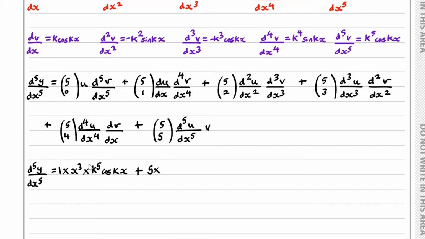And then we have du over dx, which is 3x squared. And then we multiply this by the fourth derivative of v, that's k to the 4 sine kx. Next we have 5 choose 2, which is 10, multiplied by d squared u over dx squared, so we multiply by 6x, and then we multiply this by the third derivative of v, which is minus k cubed cos kx.